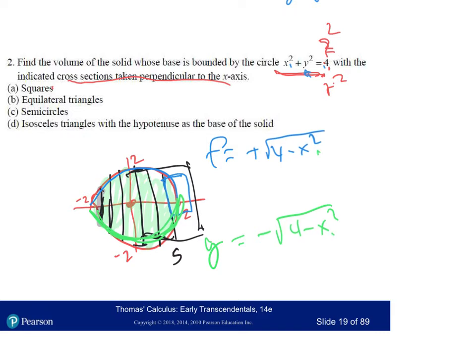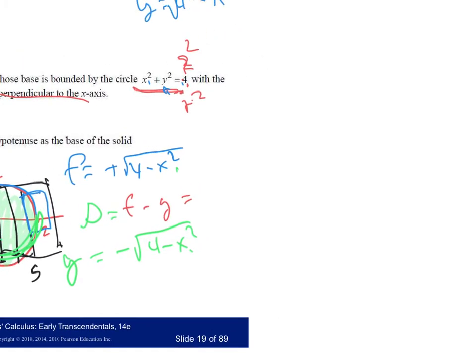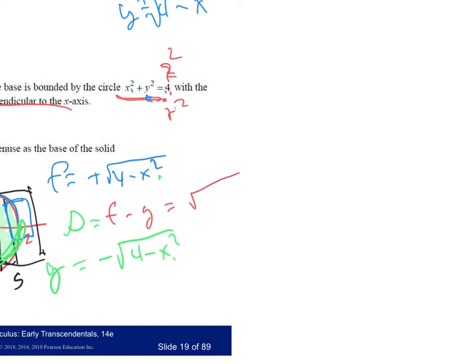So that distance here, the side of the square, will always be f minus g. In this case, it's going to look really weird. F is the square root of 4 minus x squared. Then I'm going to minus the negative of the square root of 4 minus x squared.